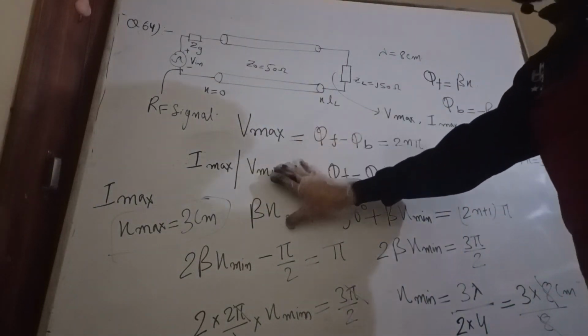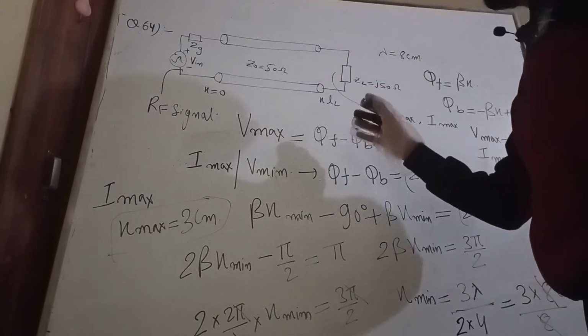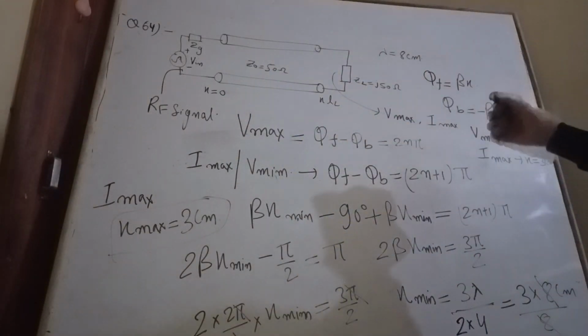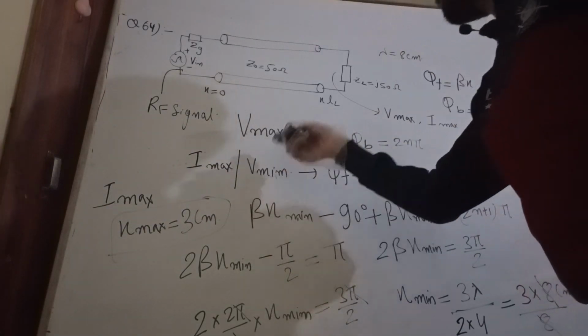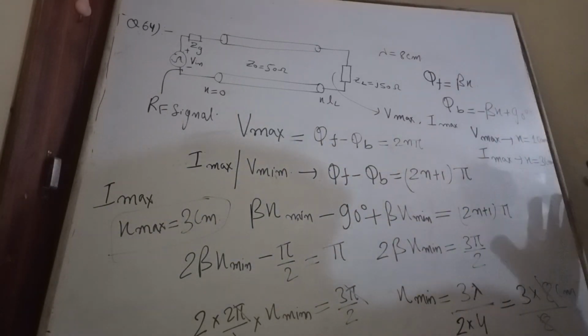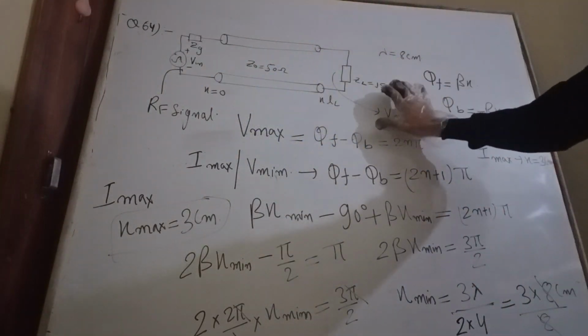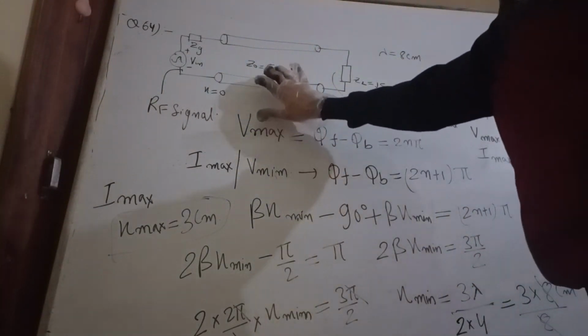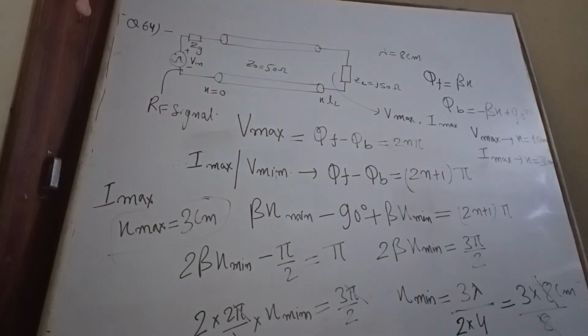Because voltage and current are reciprocal to each other, whenever we calculate the voltage maxima, there we get current minima, and where we calculate the voltage minima, there we get current maxima. So that's all for this question, about the transmission line, where we have to calculate the voltage maxima and current maxima respectively.